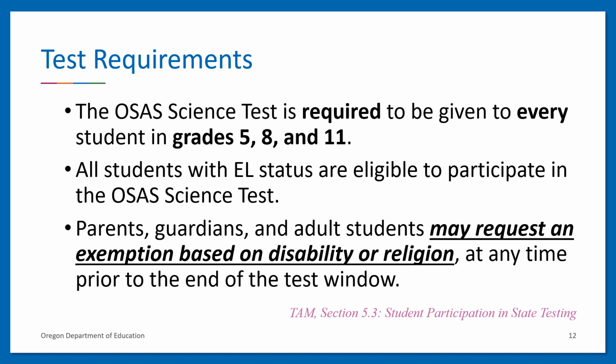Instead, parents or guardians and adult students may request an exception based on disability or religion at any time prior to the end of the test window. More information about requirements for statewide testing can be found in the Test Administration Manual, Section 5.3, Student Participation in State Testing.